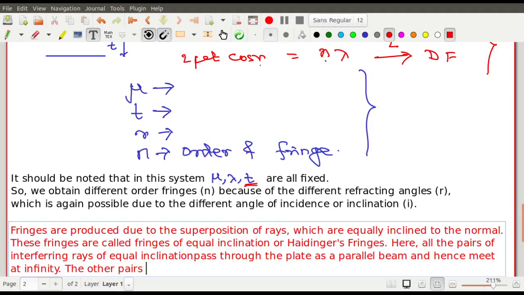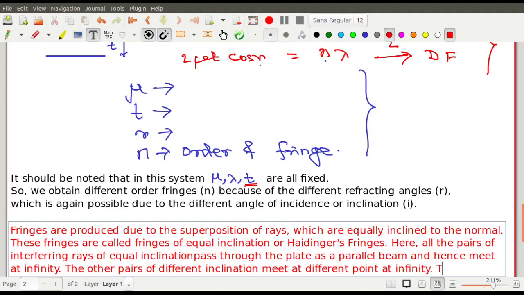The other pairs of different inclination meet at different points at infinity.